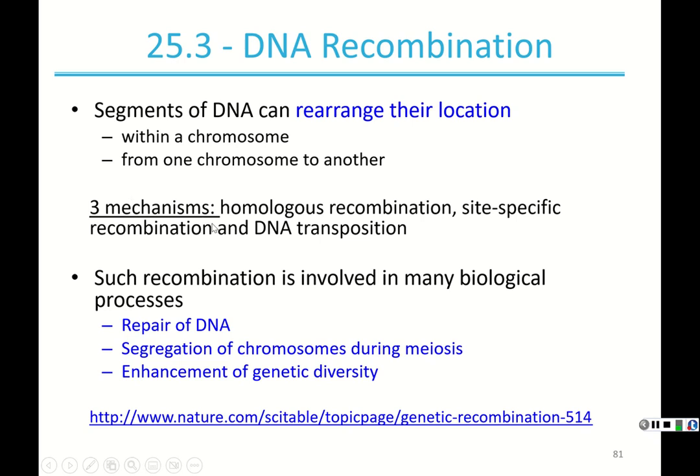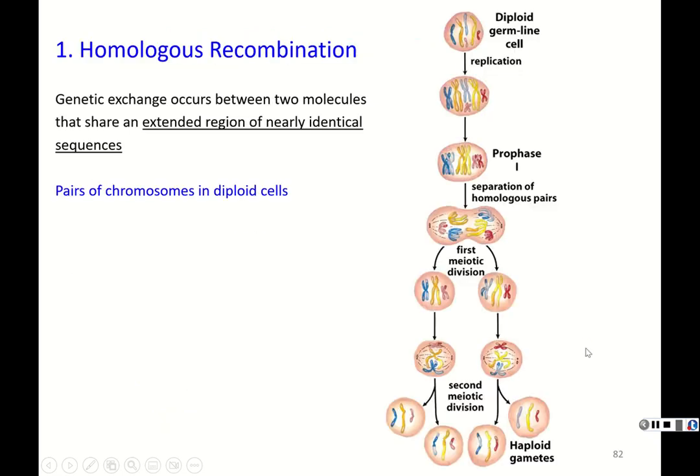These processes are ways that some pretty big damage in DNA can be repaired. It helps in the segregation of chromosomes during meiosis, and it is also thought of as a way to enhance genetic diversity. So the first one, homologous recombination.